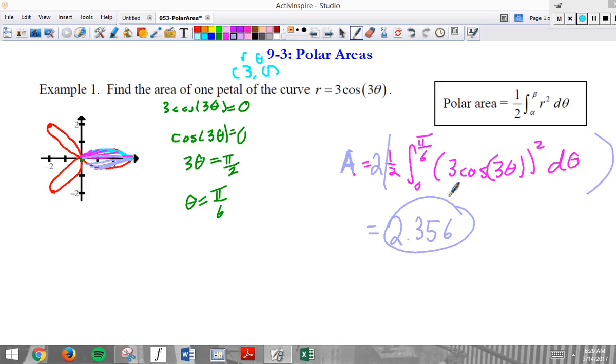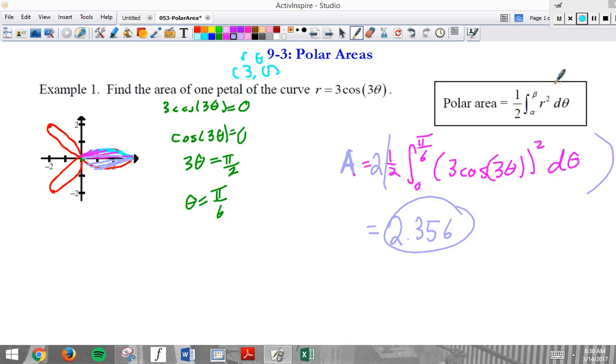Does that make sense? So, what sort of things am I adding up? What I'm adding up is sort of the area of a circular sweep here.